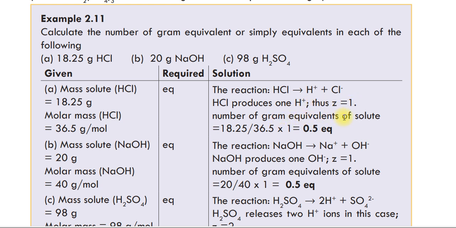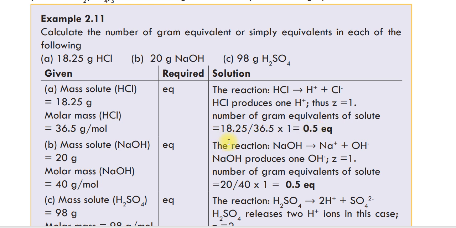Number of gram equivalents of a solute, which is 18.5, is mass of the solute over molar mass of the solute times z, which is 0.5 equivalent.